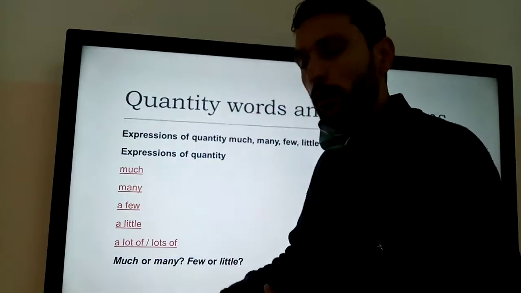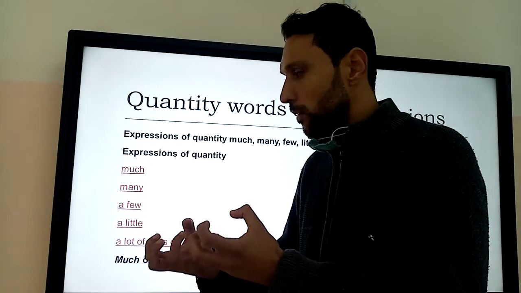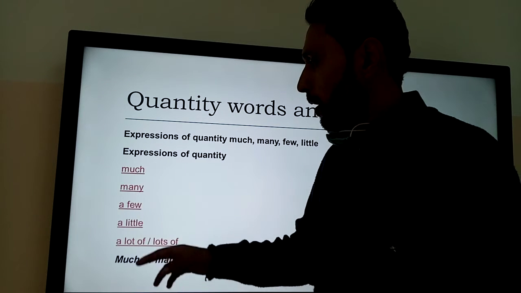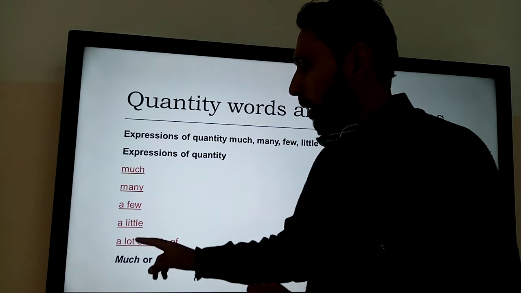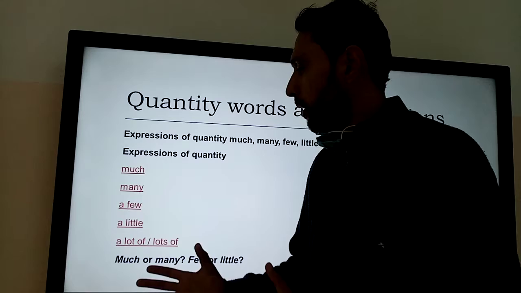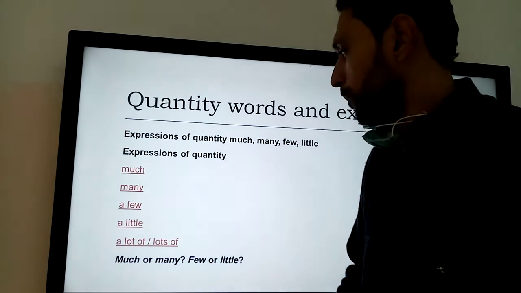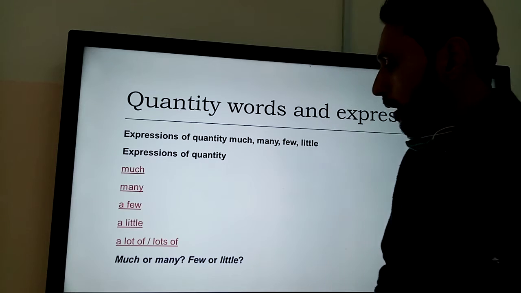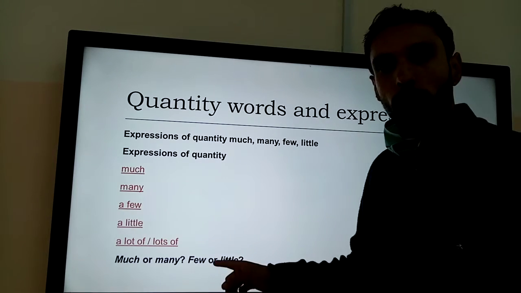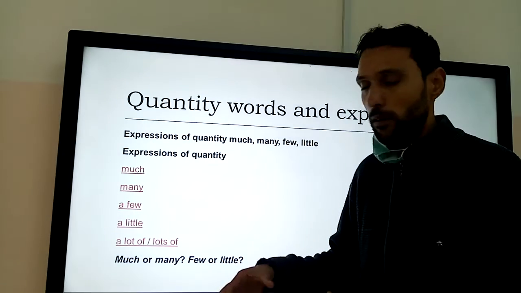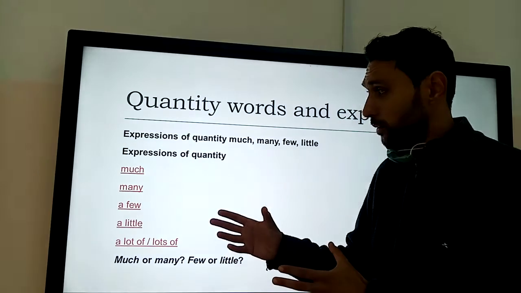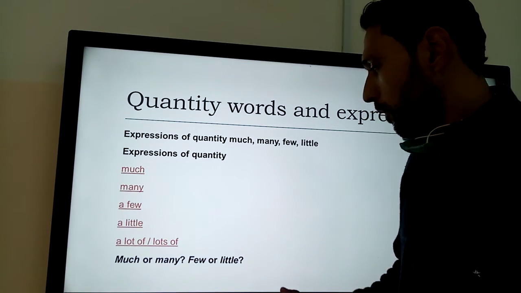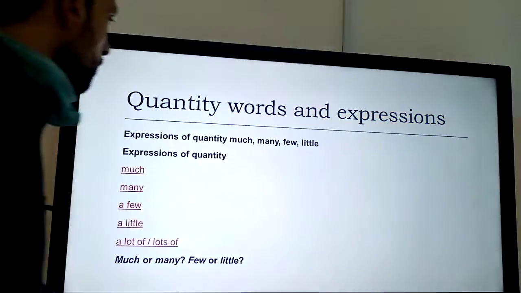A few here, which means when we say few, not many. While a little means not much. A lot of and lots of. We will see in the coming examples whether to use much or many, or few or a little.